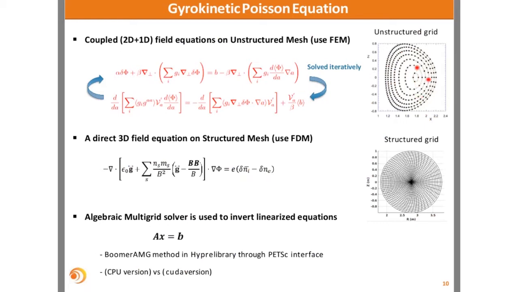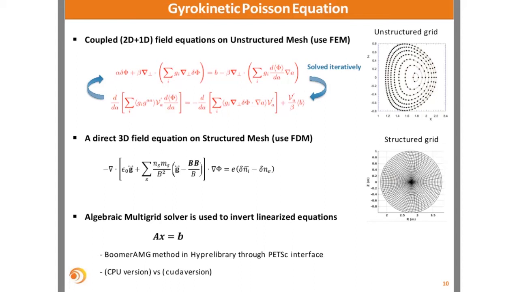Because the unstructured grid has a quite complicated shape, we cannot deal with the whole 3-dimensional equation at the same time, so we separate the equation into a 2D equation and a 1D equation, and we solve them iteratively. Another way is to use the structured grid, which is simpler. So we can use the FDM method to discretize this equation, and we can solve the Poisson equation just by solving one.